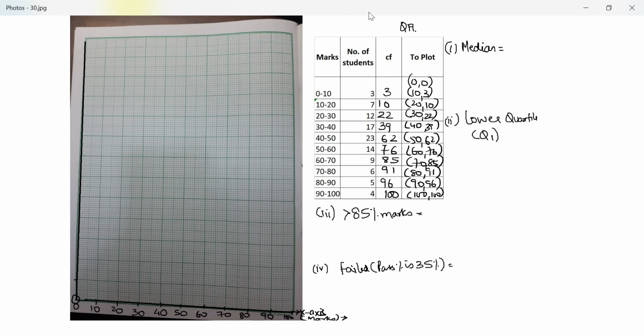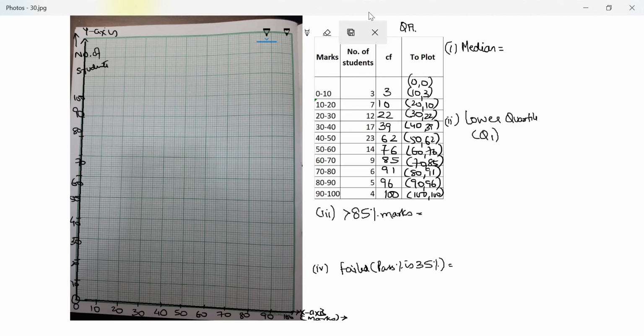Let me calibrate this. They've said 10 on both axes. So this is 10, 20, 30, 40, 50, 60, 70, 80, 90 and 100. This is my y-axis and I have plotted number of students on this axis.